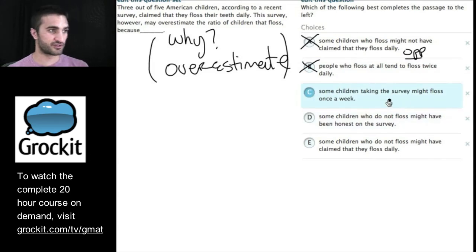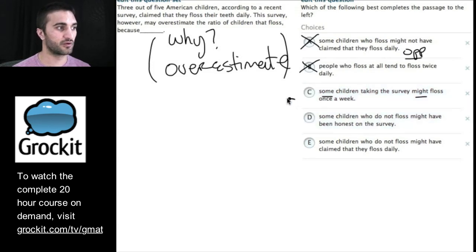Some children taking the survey might floss once a week. So some might. I'm going to hold on to this. Some children who do not floss, okay, might have been honest on the survey. Then that would tell us that the survey was accurate. I'm not sure what that is doing in this answer choice. Some children who do not floss might have claimed that they floss daily.